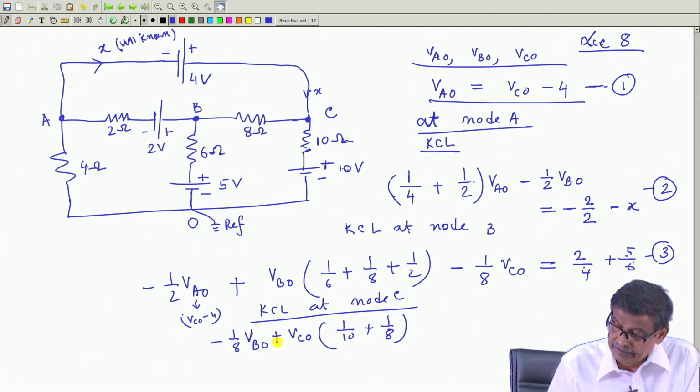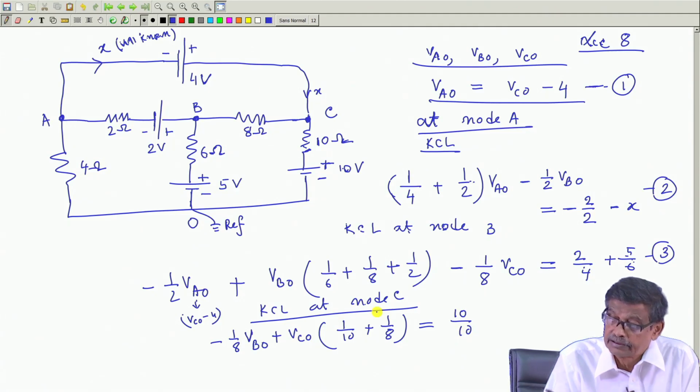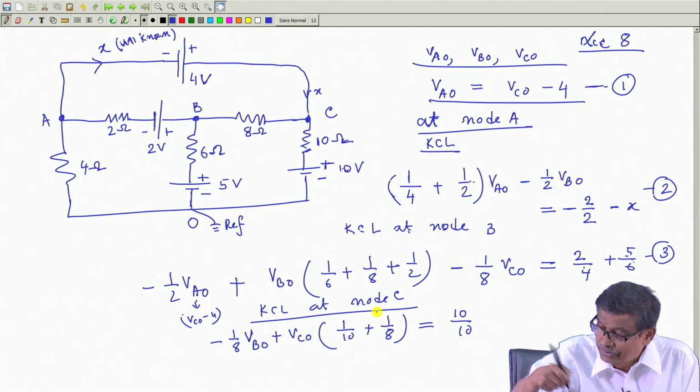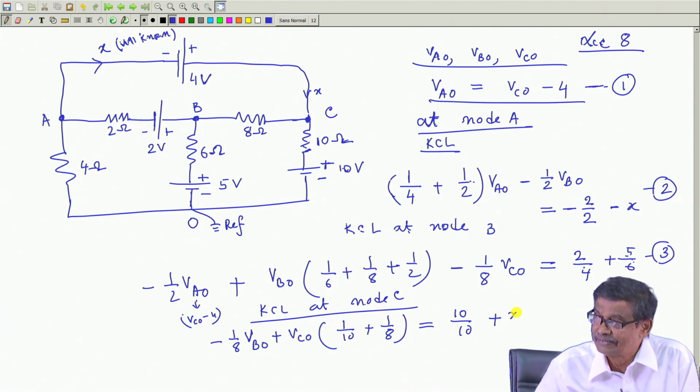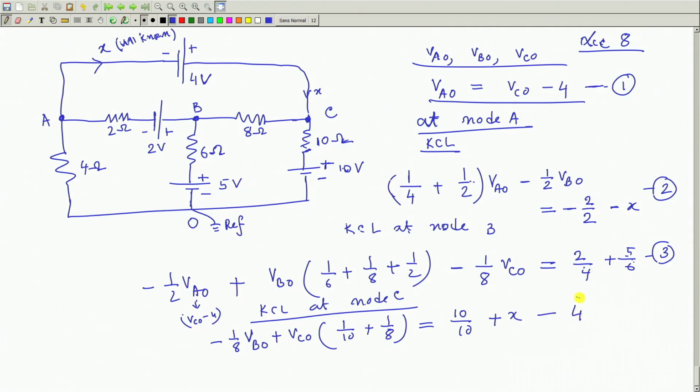So, this plus this must be equal to the sources. Sources are what? 10 by 10 at C, this is nothing, and there is another current source coming in, plus x. So, this is equation 4 and there are 4 unknowns.